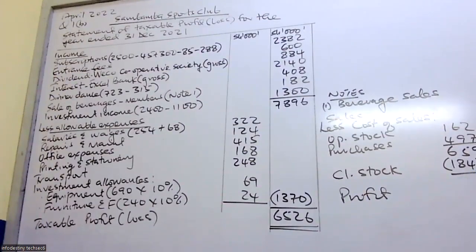So first, explain the taxable incomes of a life assurance company.